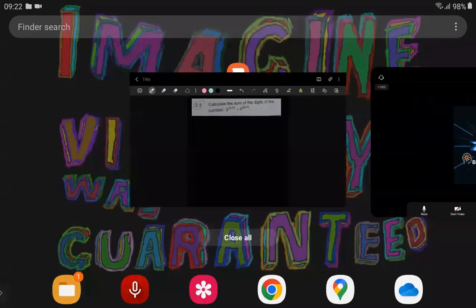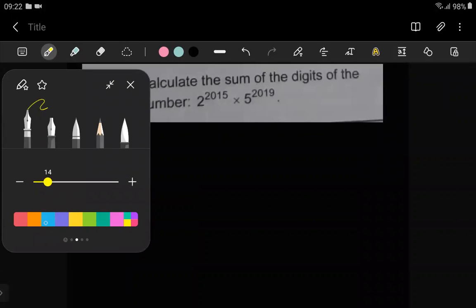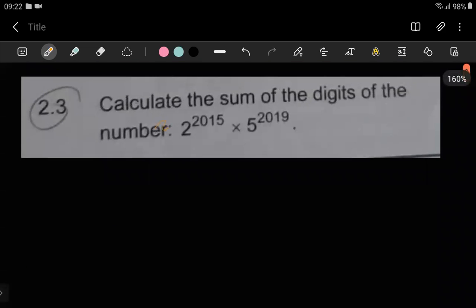Because normally, you see, the thing with math is that it's actually quite a lot of pattern recognition. That's actually what math is. If math was called pattern recognition, it wouldn't be something crazy. But anyway, it says calculate the sum of the digits of this number.